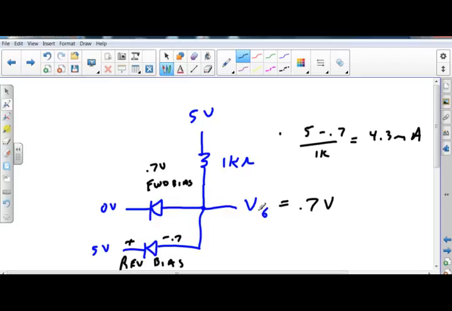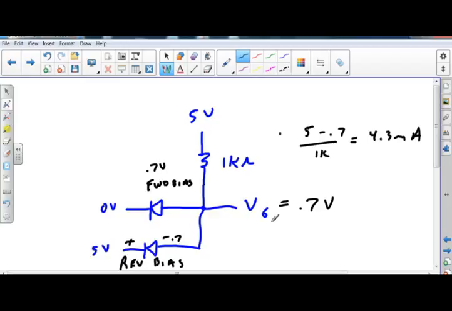There was a V1 and a V2 and a V3 and a V4, a V5 and a V6. It's a lowercase 6. It's the 6th problem in the problem set. That's why it's a V6. Okay, so it's not part of the schematic at all. Okay, got it. So 0.7 is the voltage that's at V6.